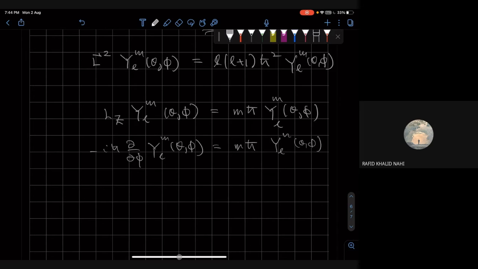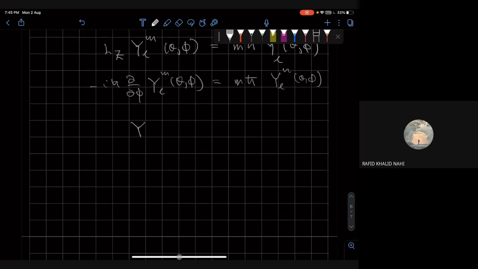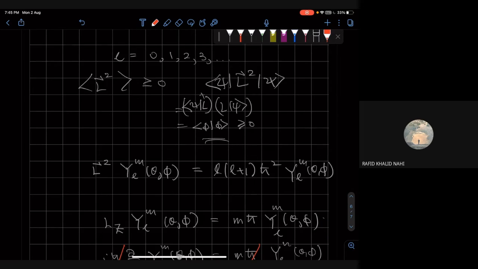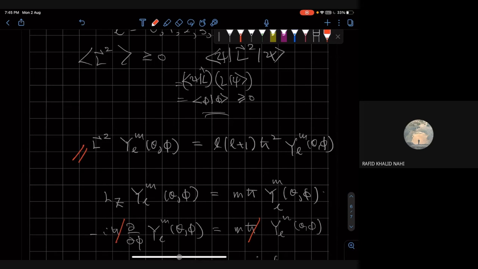If I integrate this equation, we can expect, and this is a bit rough, that the dependence of the spherical harmonics on the angle phi will be of the form e to the power i m phi, because this is a first order equation and it's just an exponential.